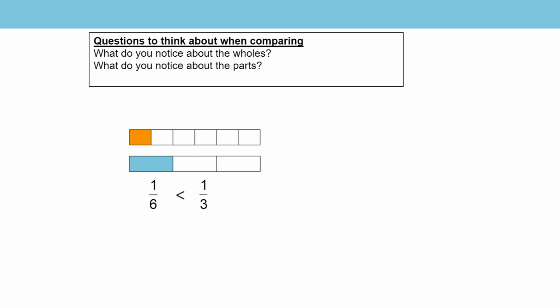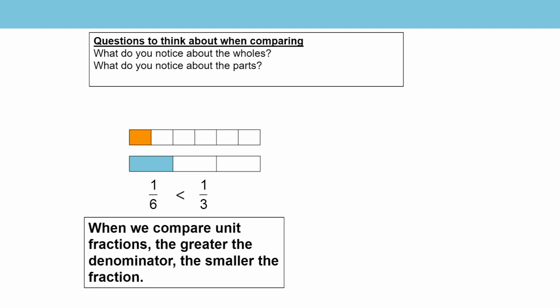Yes, 1/6 has got the larger denominator and 1/3 has got the smaller denominator. Again, we can consider the generalisation. When we compare unit fractions, the greater the denominator, the smaller the fraction. And we can see that the 1/6 has a greater denominator and the fraction parts are smaller than 1/3.